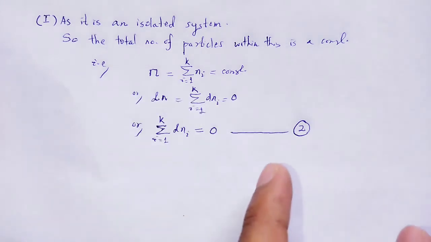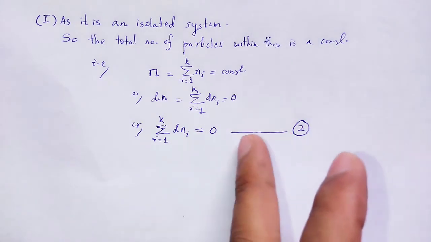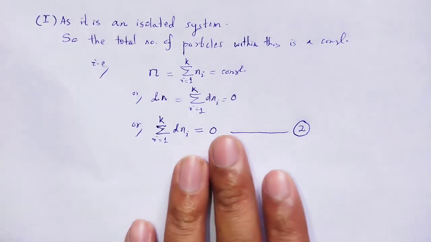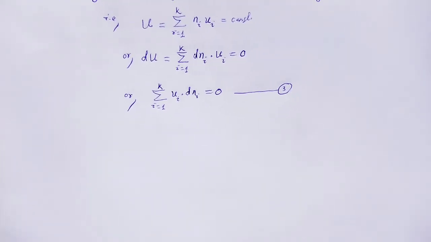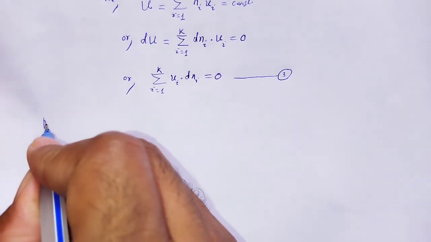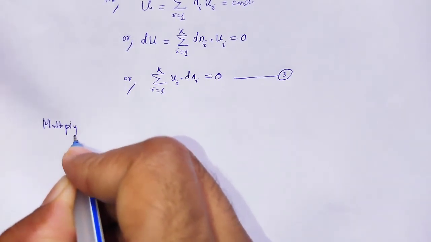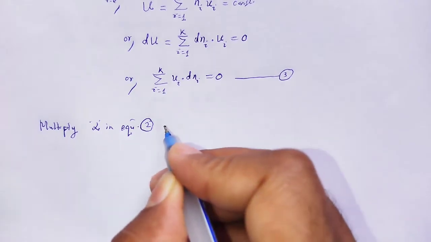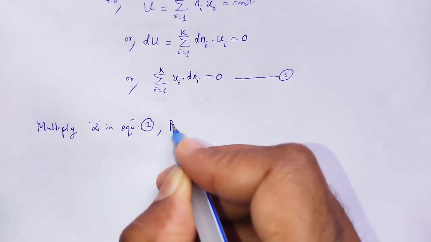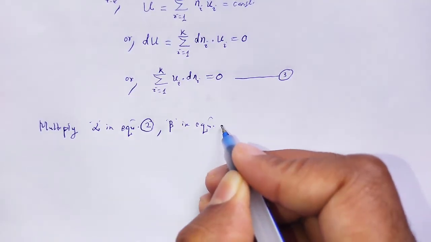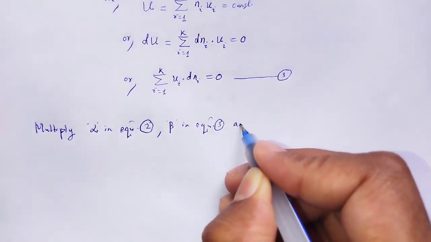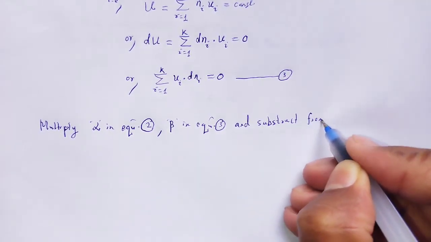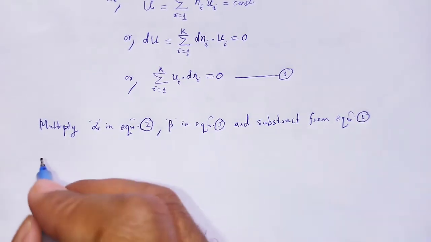Now, we multiply a constant alpha by equation number 2 and another constant beta by equation number 3 and subtract from equation number 1.